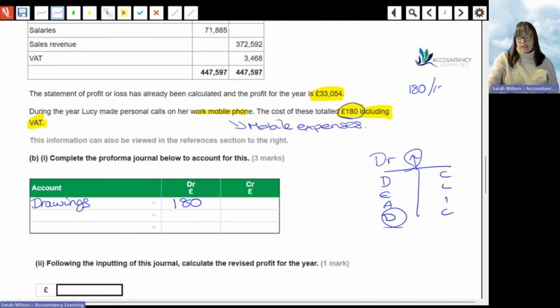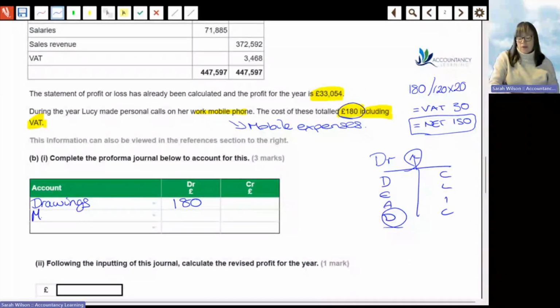So we can then divide that by 120 times 20, or divide by 1.2 and times by 0.2, which will give us our VAT figure of 30, and our net figure would then be 150. So bearing in mind, the business will have claimed that VAT back on those mobile phone expenses. The cost to the business that's gone through is the £150.